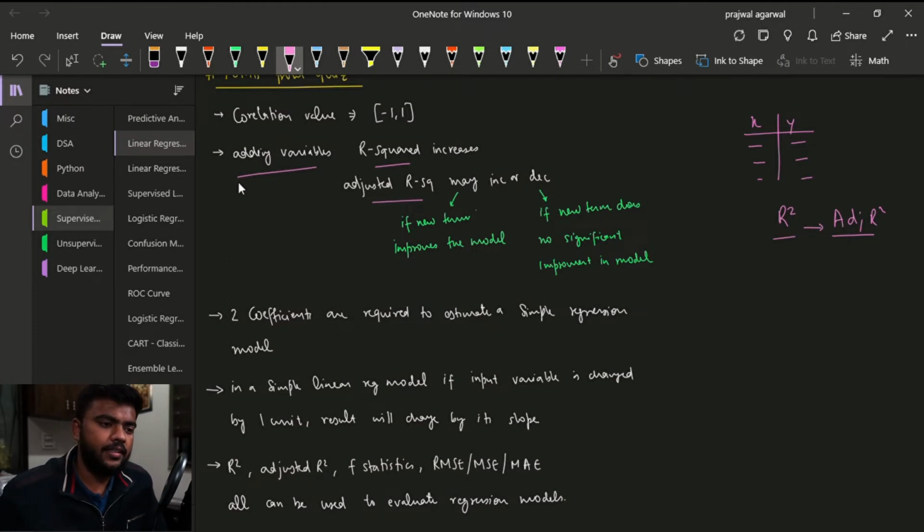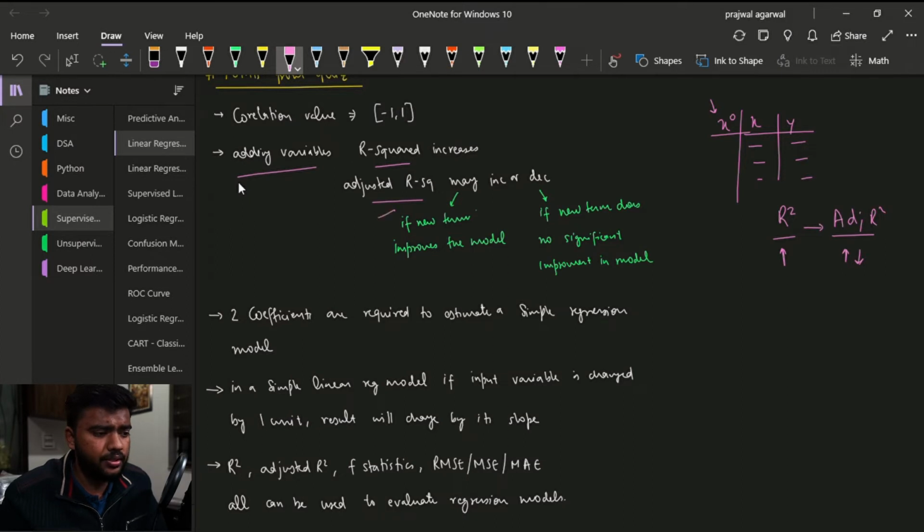Now we are saying if we add another feature x naught in this particular model, then what will be the effect of adding this feature to the R square value. And the thing is, whenever we are adding features, the R square value always increases. And what about the adjusted R square value? It may be increasing or it may be decreasing. Okay, it just depends on what is the effect of adding this new variable on your model.